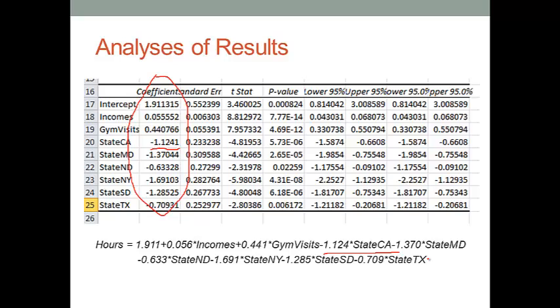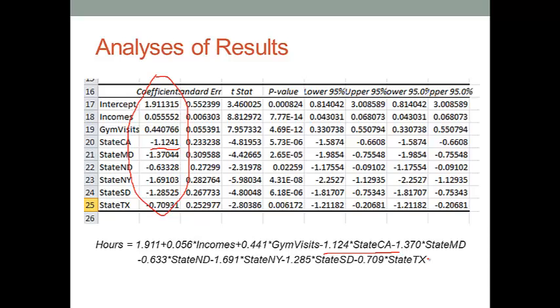How do I know this customer is from Washington logically? I give zeros to all these 6 categories I have in this equation. That means this customer is from Washington. Also, as you can see in this equation, if I give a 0 to all 6 state categories, the hours will be the longest.